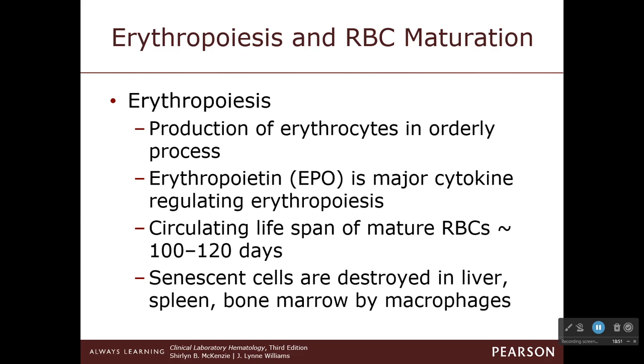Then you're going to have these burst forming units that will form too, okay? That's essentially what it is. It's kind of doubling your immature cells to be able to get more of these, because these guys will actually do mitosis more than these guys do. And it's all based off of the amount of erythropoietin.